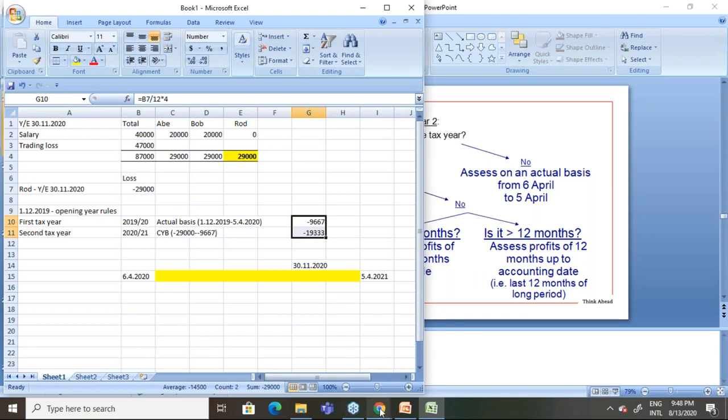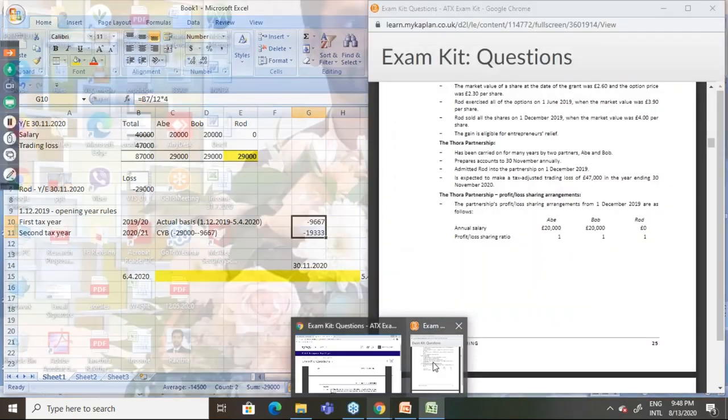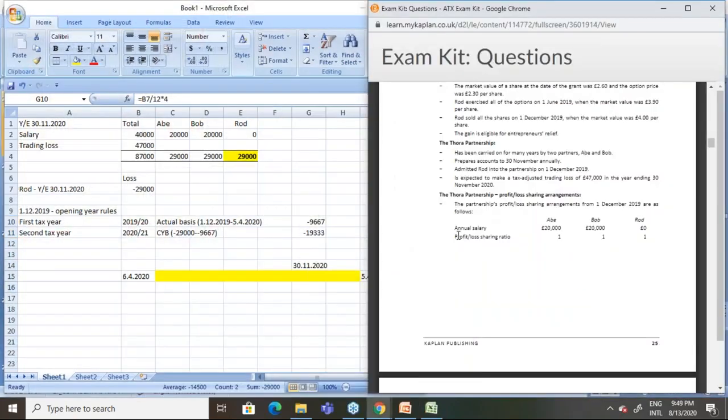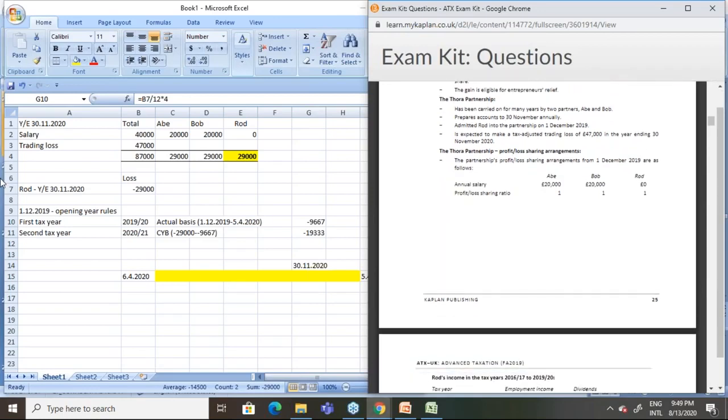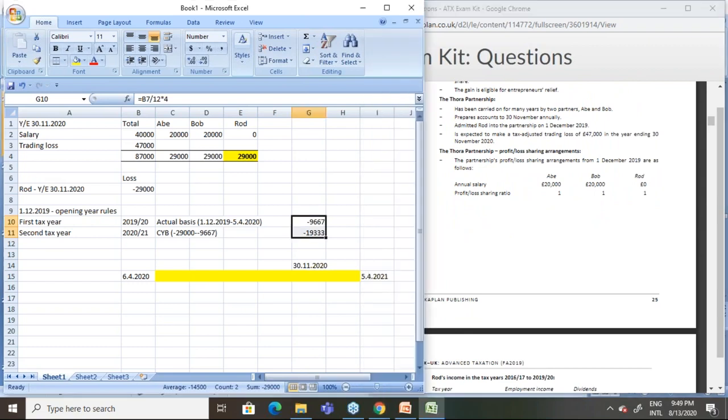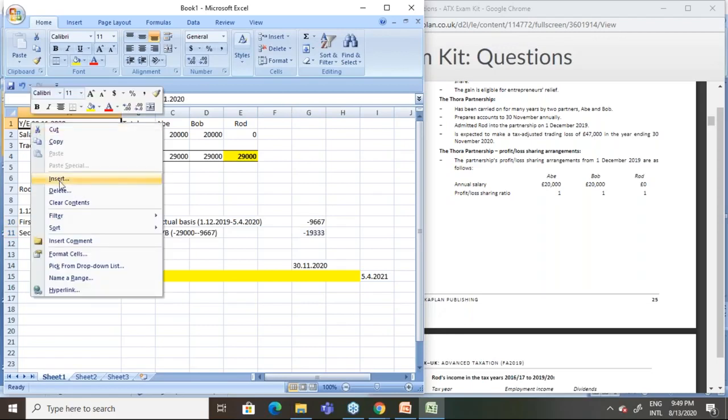Now let's look at the question. So we have identified the losses. Then the question says, actually this is part B, Roman 1. This is the answer for B, Roman 1.